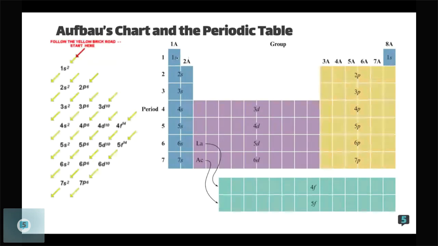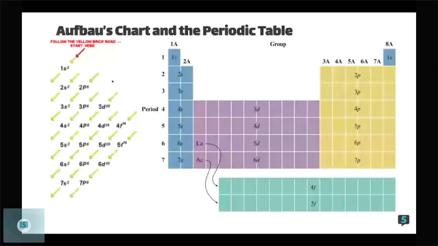We follow the order of the elements: 1s2, 2s2, and we follow along, 2p6, the same order as in our Gauss chart, the order of energy.